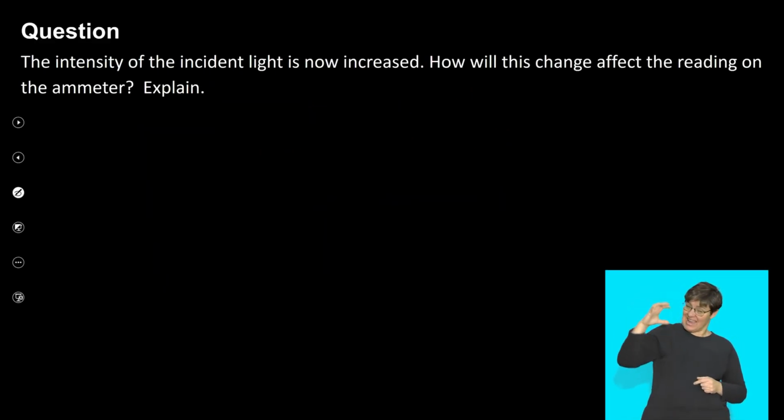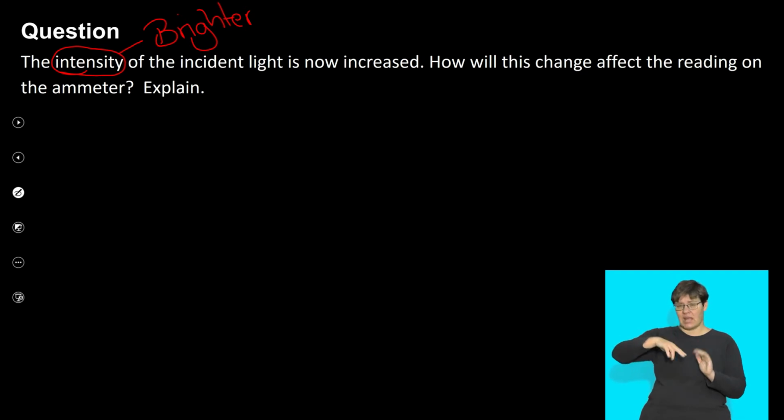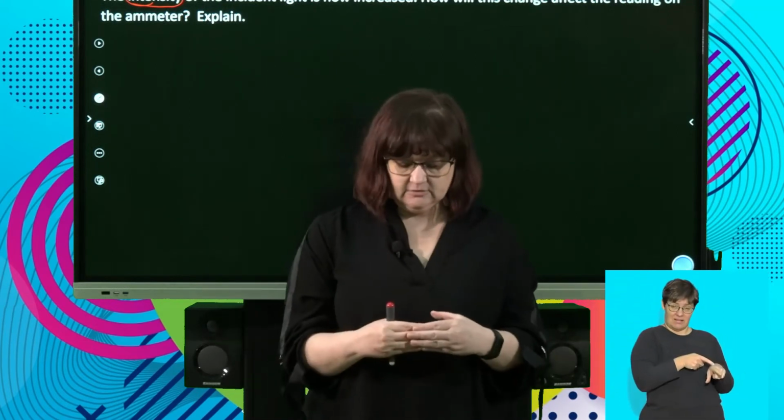The intensity of the light is now increased. Intensity means that it's been made brighter. Then they say, how will this change affect the reading on the ammeter? In other words, what they're asking you is, if I have brighter light on my metal, is the current going to get bigger, smaller, or stay the same?